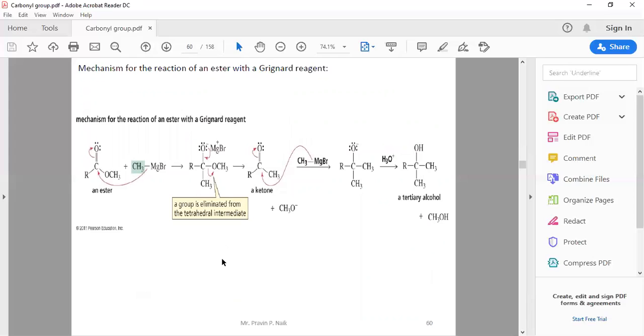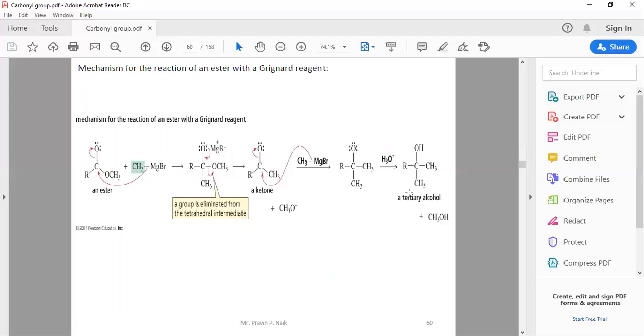This is another characteristic reaction. If we are taking starting material as an ester, and we are reacting it with the Grignard reagent, the first intermediate which is formed is a ketone, and then this ketone again reacts with the second molecule of Grignard reagent to form tertiary alcohol.